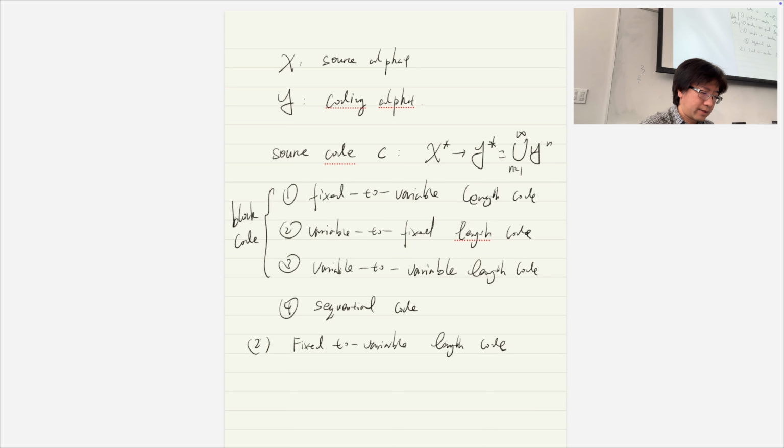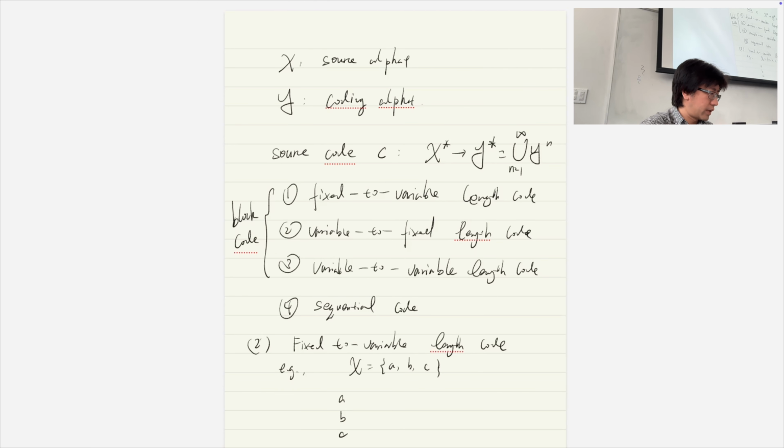For example, let's consider our alphabet is A, B, and C. Then we can code them individually. Let's say the length of our source is just 1. We just take A, B, and C here, and we encode them individually.